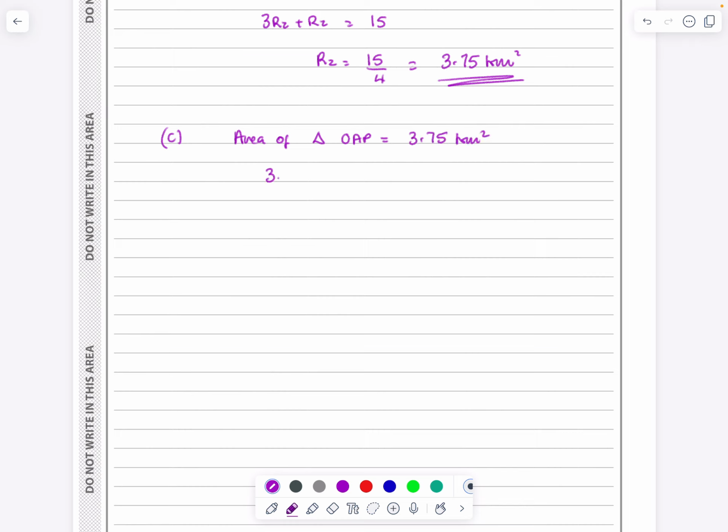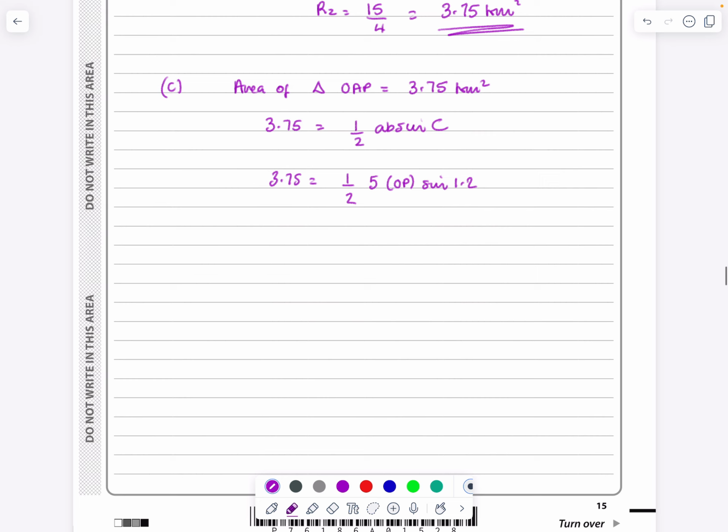But we know that's also equal to half AB sine C. So 3.75 is equal to a half, and OP is the only thing we haven't got here, 5 OP sine 1.2. So if you rearrange all that, you can get what OP is. I'll just take one extra step here. OP is 2 times 3.75, and then divided by the 5 and divided by the sine 1.2. So OP actually works out to be equal to 1.6 kilometres.